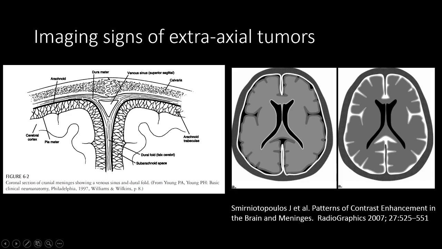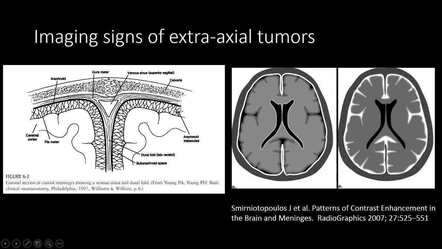Deep to the dura mater are the leptomeninges, which are comprised of the arachnoid mater, which lines the inner aspect of the dura, and the pia mater, which covers the surface of the brain. Between the arachnoid mater and the pia mater is the subarachnoid space, which contains cerebrospinal fluid and vessels.